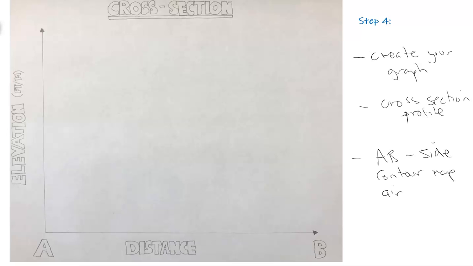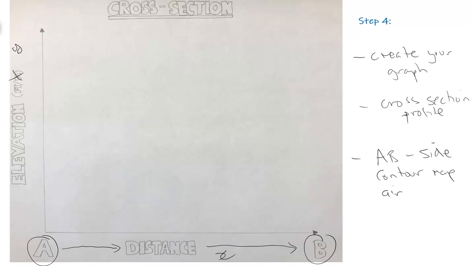So here's my point A over here and point B, and I'm going to basically imagine myself walking from point A to point B, and the x-axis right here is my distance and the y-axis is my elevation in feet or meters. Now in terms of the map we looked at, it's in feet, so we can just X out the meters.